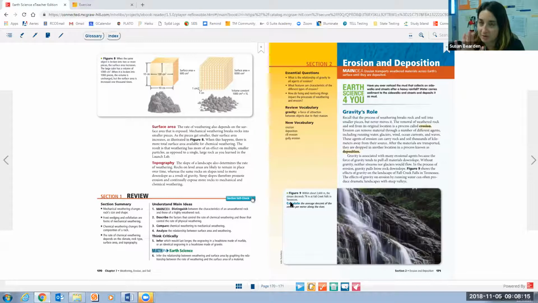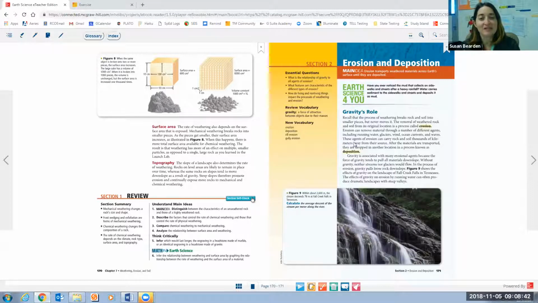I am not reading this section. All right, so it says within about 2,600 meters, the stream deposits 78 meters at Fall Creek Falls in Tennessee. Oh, so it's telling me that this waterfall is actually moving rock and dirt. That kind of makes sense, right? Water does that. Cool, and it's pretty.